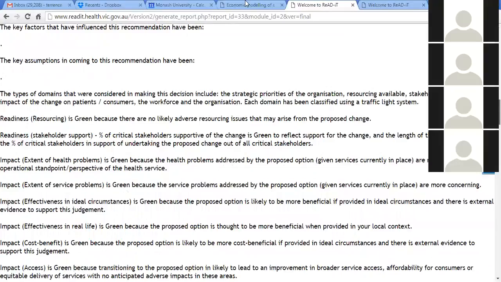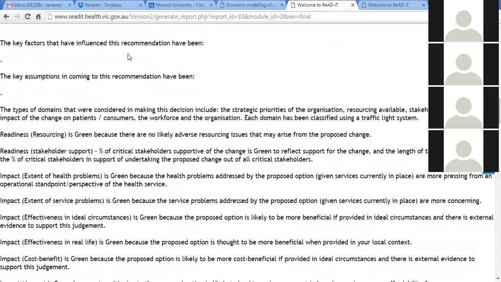If I'd entered text for those last couple of questions about factors that influence the decision and assumptions, that text would have been entered there. Then we have an explanation for each of those bars and why they're green or why they're red based on the responses provided. So there's, I guess, a very lay summary of the responses.